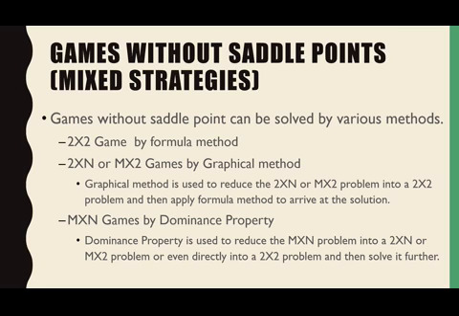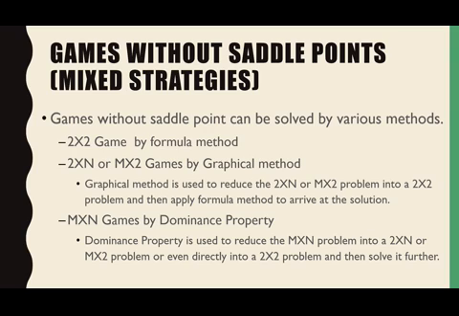So, now games without saddle points can be solved in three different ways. If the problem is a 2 cross 2 problem, with two rows and two columns, then to solve such a problem, we have a formula. So the problem will be solved by the formula method. If it has two rows and more columns, or two columns and more rows, then the formula cannot be applied directly.